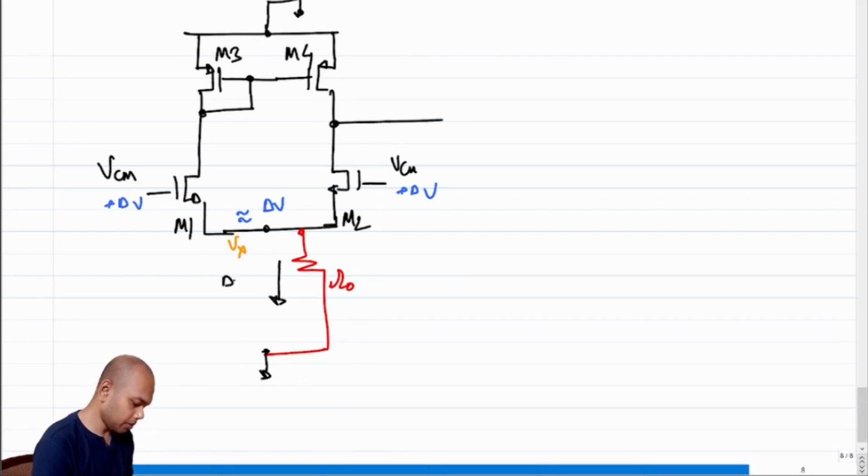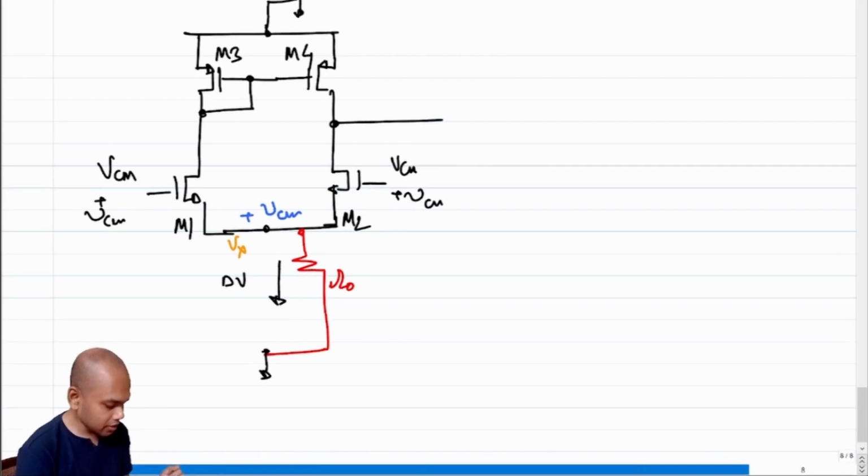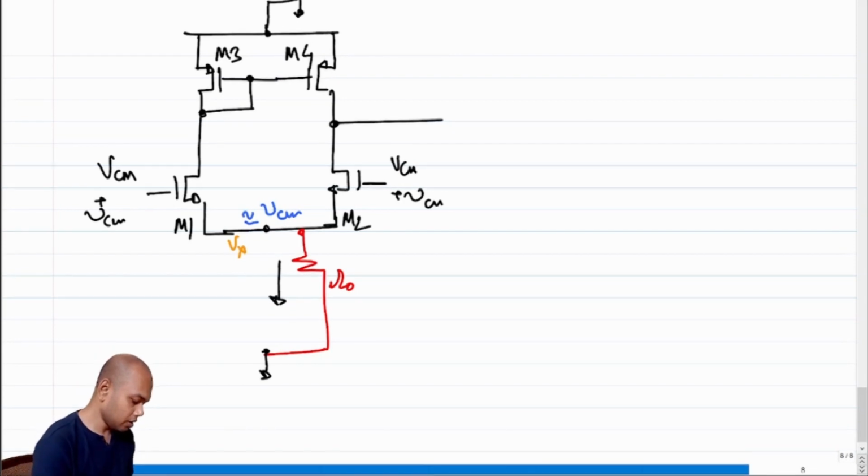The current through R0 becomes delta V, or let me call it VCM, small VCM, so that helps us make the point that we are talking about incremental common mode excitation. So if this is also approximately VCM, what is the current through R0? The current through R0 is VCM by R0.